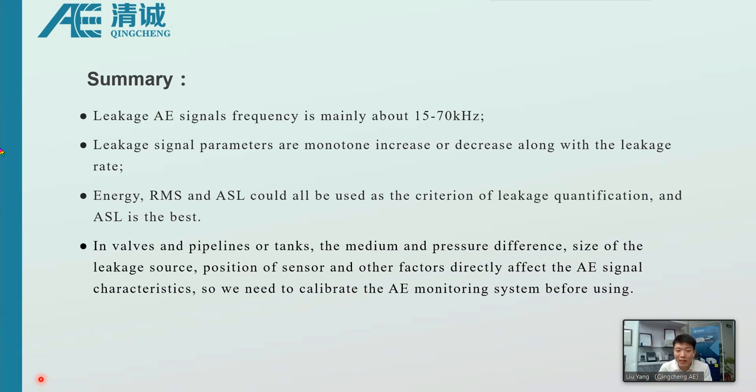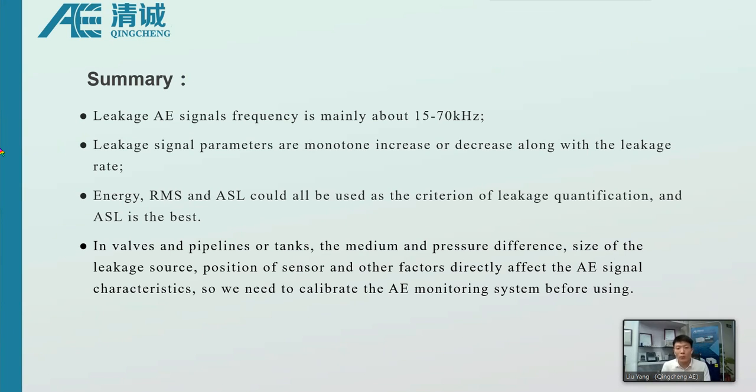In valves, pipelines, or tanks, the medium inside, the pressure difference, the size of the leakage source, the position of the sensor, and other factors directly affect the AE signal characteristics. So we need to calibrate the AE monitoring system before using it.